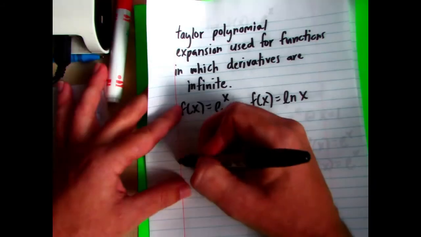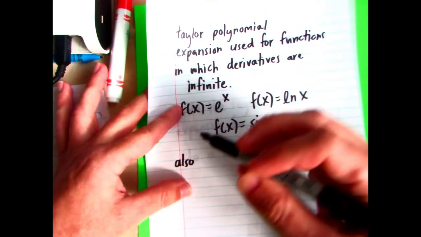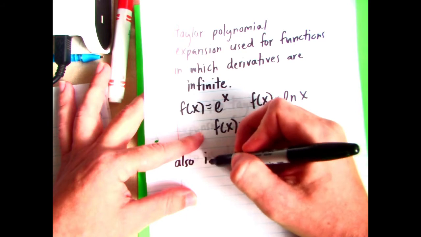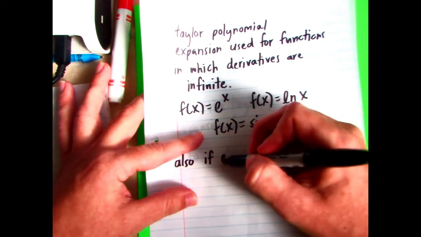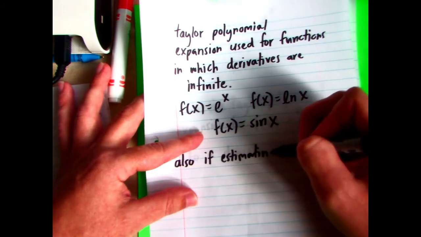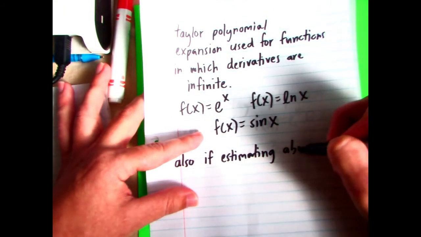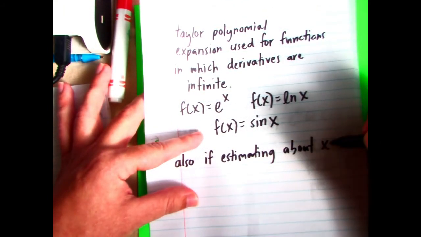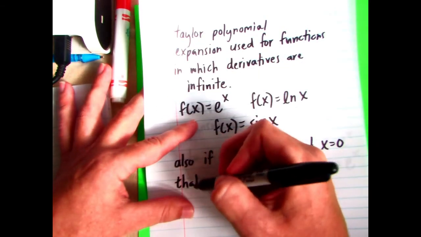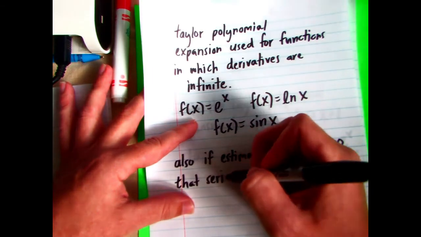So the last thing you got to know for these Taylor polynomials is if you're doing a Taylor polynomial and you are centering around x equals 0, there is a special name for that Taylor polynomial.